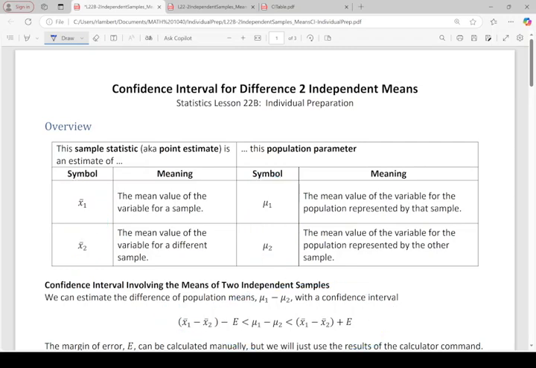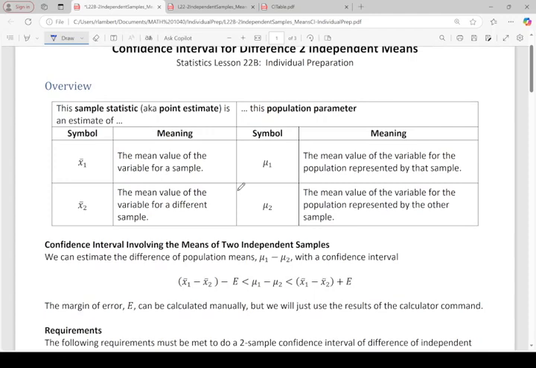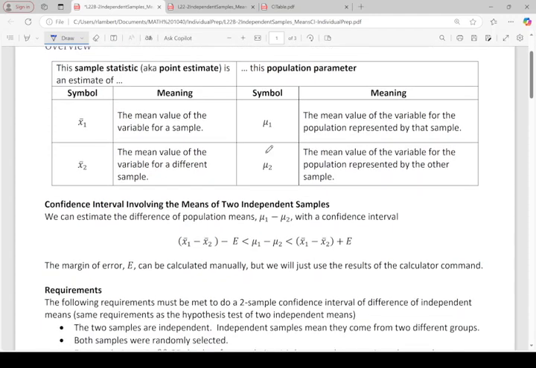So let's quickly review these symbols. Understanding the symbols is very important to getting this stuff down. So we have x bar 1. X bar is always a sample mean. The 1 is just saying this belongs to one of the groups or one of the samples.